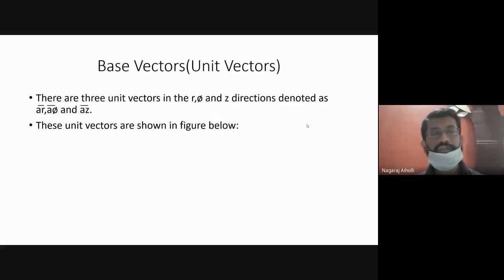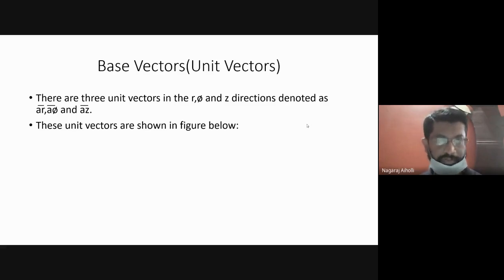We'll move on to base vectors or unit vectors. We have already studied this when we dealt with the Cartesian coordinate system. Which are the coordinates of the Cartesian coordinate system? X, Y, and Z. Now the base vectors are the unit vectors for the cylindrical coordinate system.